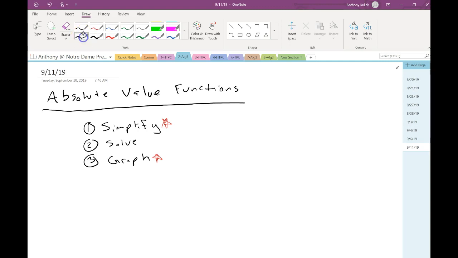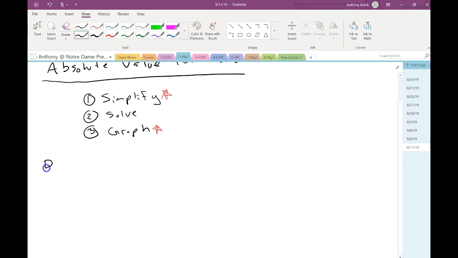So we're talking about these absolute value functions. Let's start with a definition. When we say absolute value, the symbol that we use is a vertical bar, then something, and then another vertical bar.